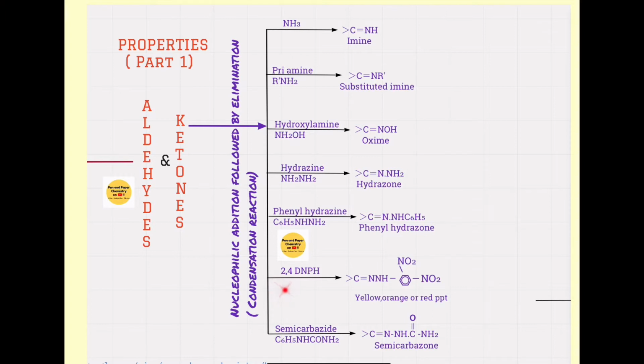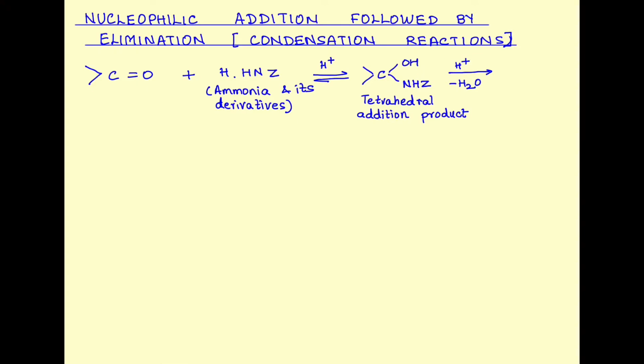How do you think this flow chart is going to be helpful? Just wait and see. Let me explain first the fundamental. When we talk about nucleophilic addition followed by elimination, what is happening over here? We've already spoken about nucleophilic addition in the previous video, so I would request you to visit that and go through it before you go ahead. So we've got a carbonyl here, negative, positive, and the positive goes to negative, the negative goes to positive.